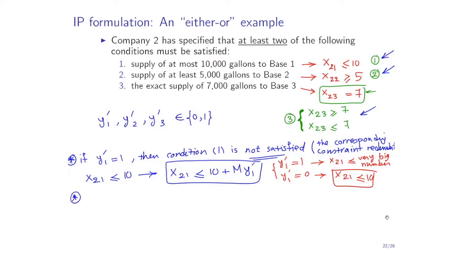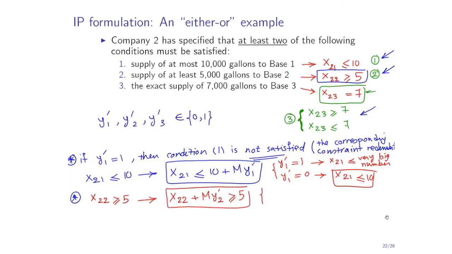Now I want to do the same with y prime 2 and y prime 3. So if y prime 2 is 1, I want this constraint to be redundant. The constraint is x22 greater than or equal to 5. In order to make it redundant with y prime 2 equal to 1, I just need to add y prime 2 with a very big coefficient to the left-hand side, right? So x22 plus M y prime 2 greater than or equal to 5.